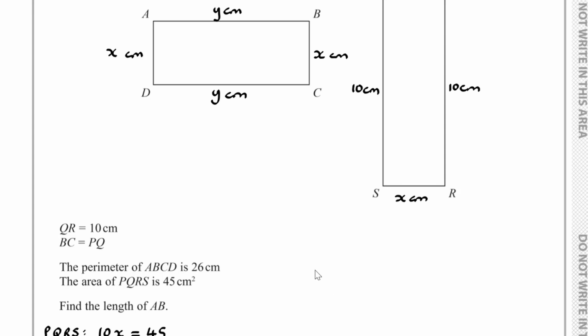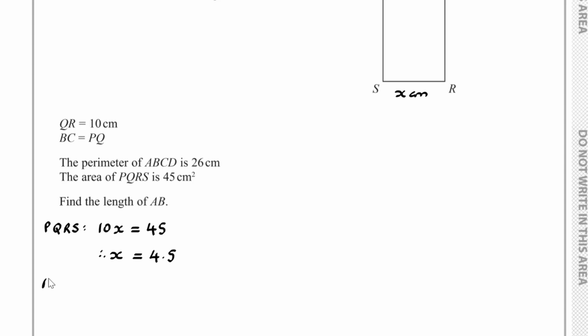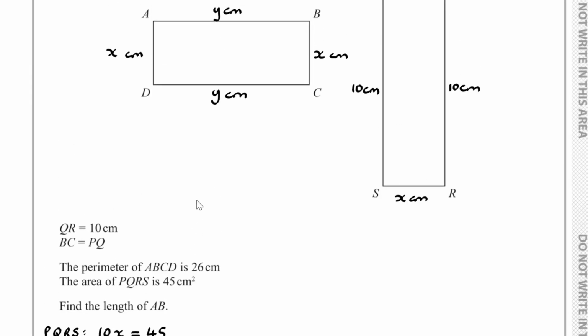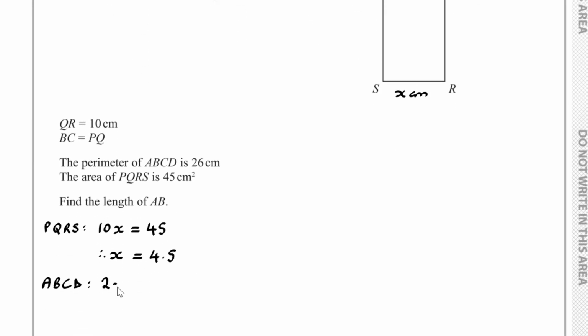So if we now consider the rectangle ABCD, the perimeter is 26, so therefore we have X plus Y, which is 26. In other words, we have 2X plus 2Y equal to 26. Now we know what X is, that's 4.5.